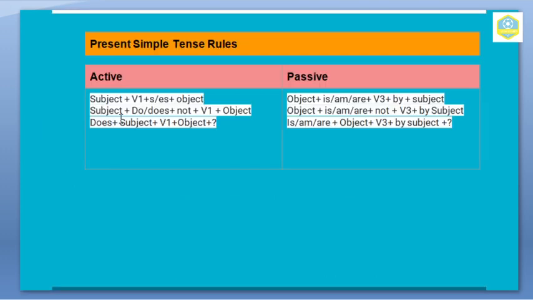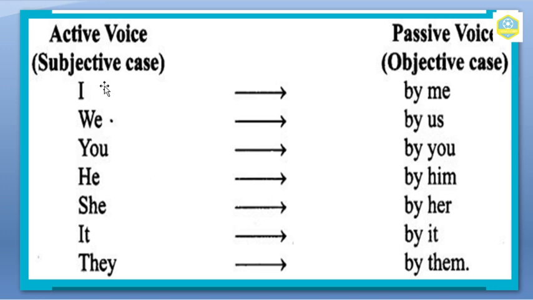Let's see the formula of the present simple, and here are some changes in active voice, how these subjective pronouns will change into the objective case. Keep in mind, we are mostly going to use by in the passive form.